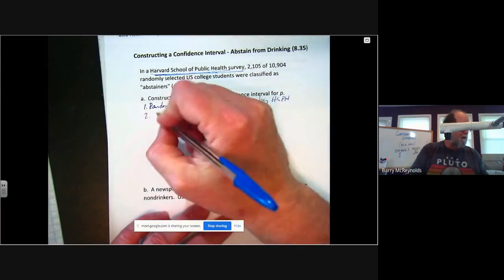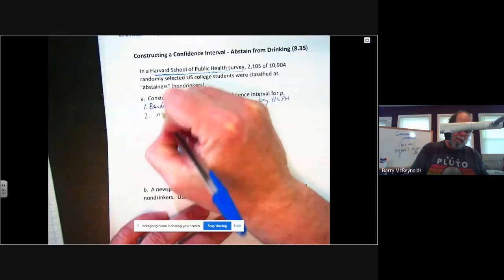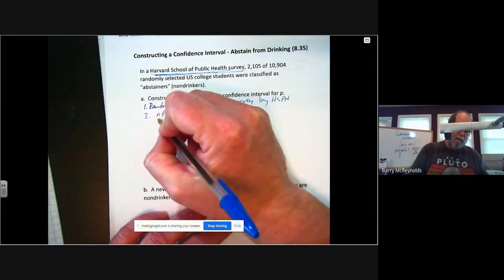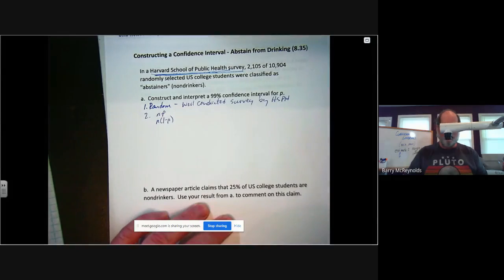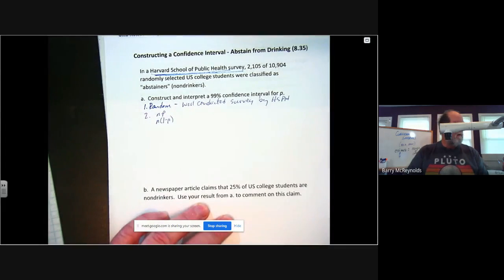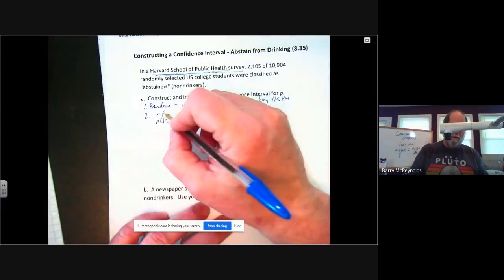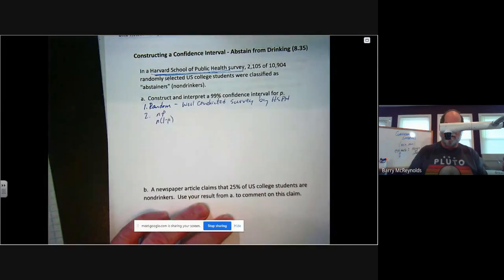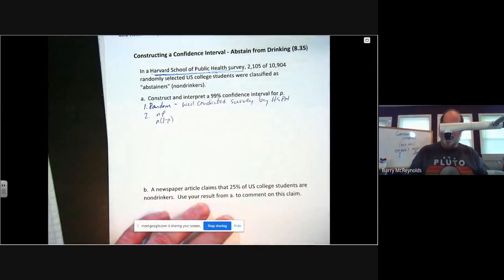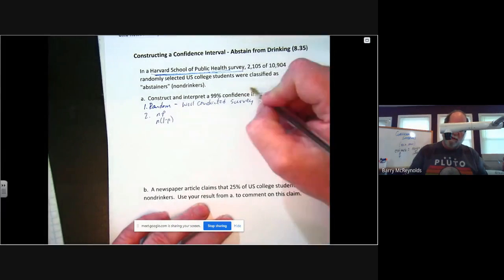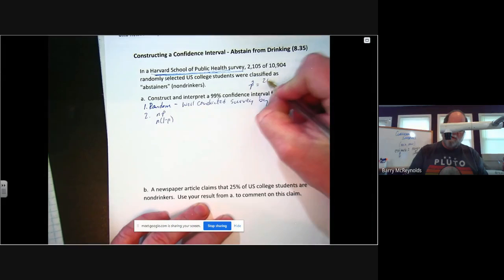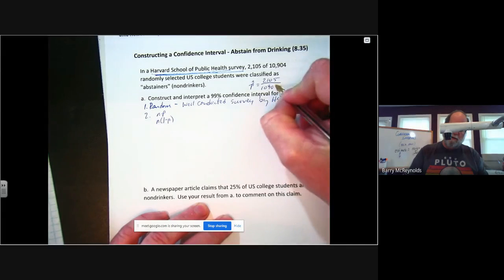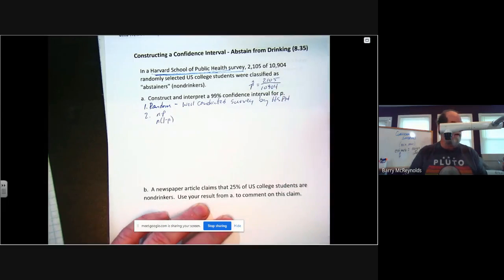Well, here we have to check whether n times p and n times 1 minus p are both greater than 10. Well, first of all, we're going to have to figure out what p is. We don't know what p is, but we do have an ability to calculate our p hat, which is 2105 divided by 10,904 in this sample.